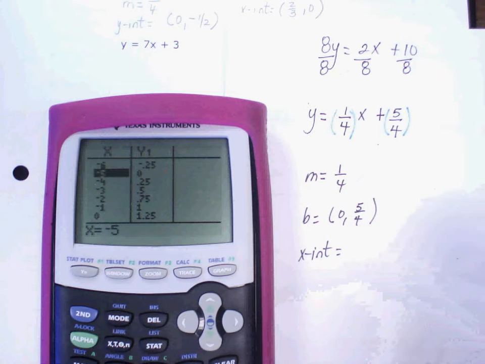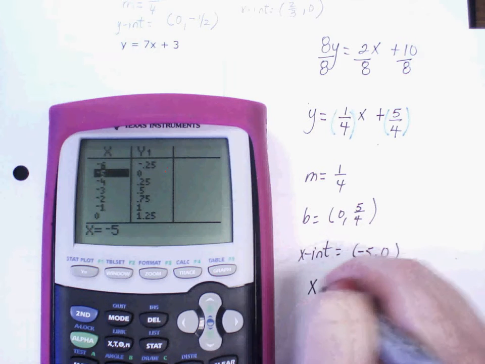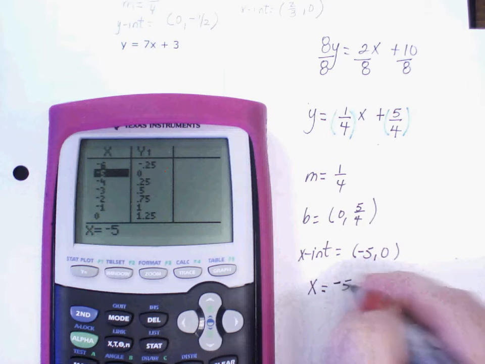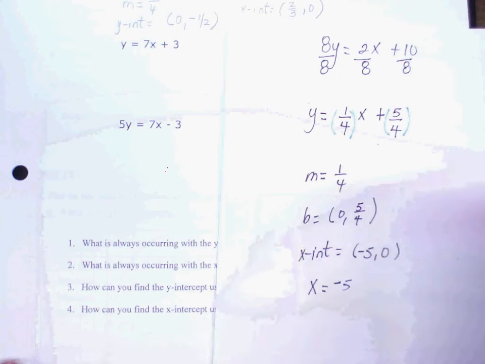So what's my answer? Negative 5 and what? And 0. So what is the 0 of the function? Negative 5. Go ahead and copy. I'm going to have him close. All right, let's go to the next one.